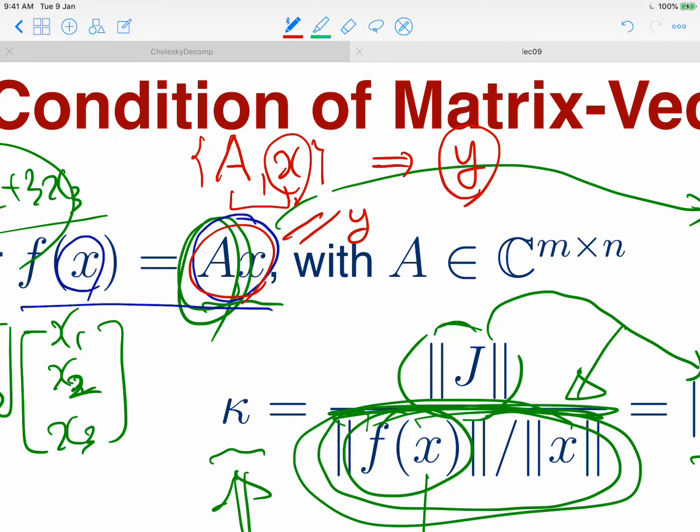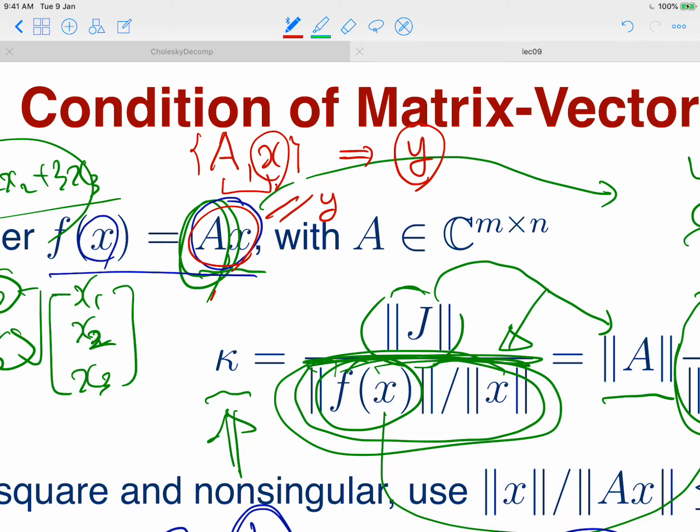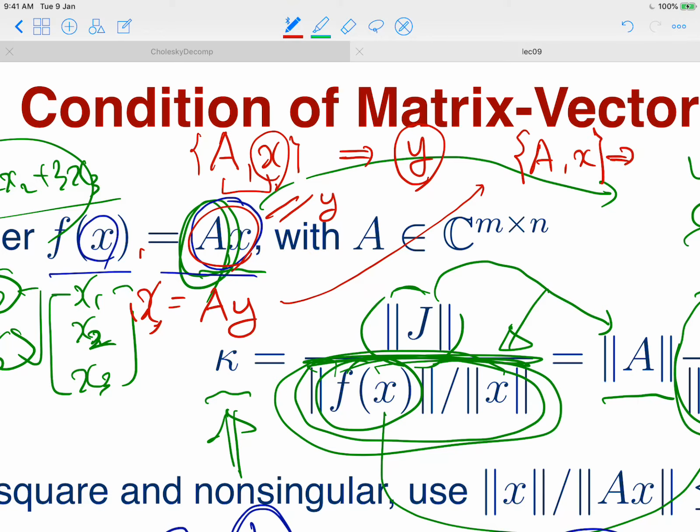But now we consider this case, for example, y equals x, or this b when considering the linear system. So in this case, what is the input? The input is A, and this x, for example, when denoting this part as our x. And still the scenario is almost the same, except that we just change the position of x and y in the same equation.